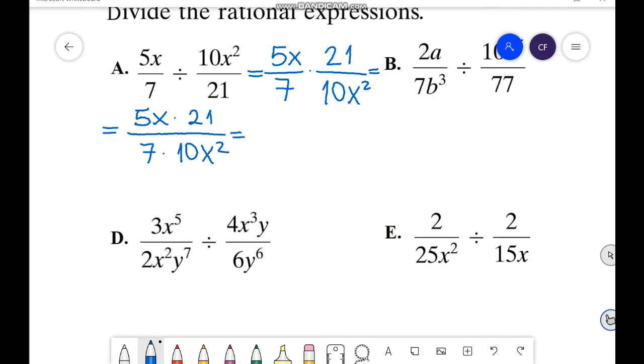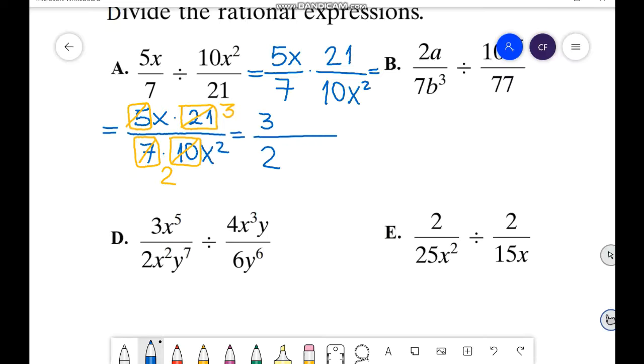Cool? Now check first the numbers. I like to work first with the numbers. And we have 5, we have 21, we have 7, and we have 10. We can simplify. 21 with 7 is 3, and 5 with 10 is 2. So 3 over 2. Cool?